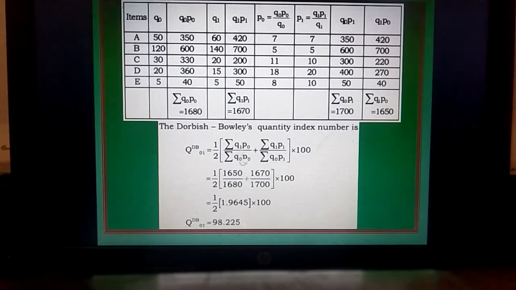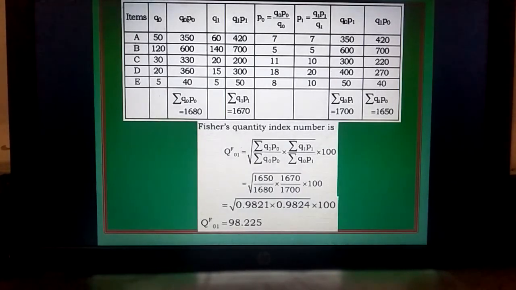Substitute the values and get the answer in terms of Q01 DB. This is also once again 98.225. Approximately 98, or otherwise exactly, 98.225 also can be used to give the interpretation. Interpretation writing you know, students, on the same similar lines, the interpretation has to be given.